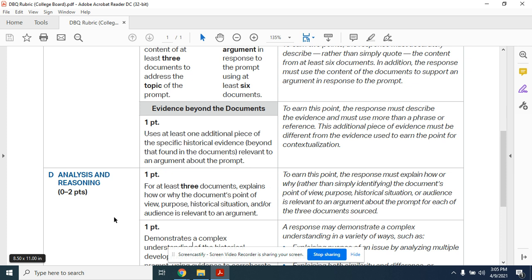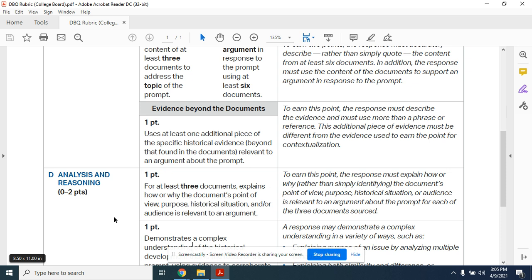And again, I'm going to sound like a broken record. We want to do this for more than 3. I mean, ideally for all of them, but aim for 4, maybe 5 of the documents that you're trying to source, so that if you fall flat once, you're still okay, all right? And note well, explains how or why the document's context, audience, purpose is relevant to the argument.